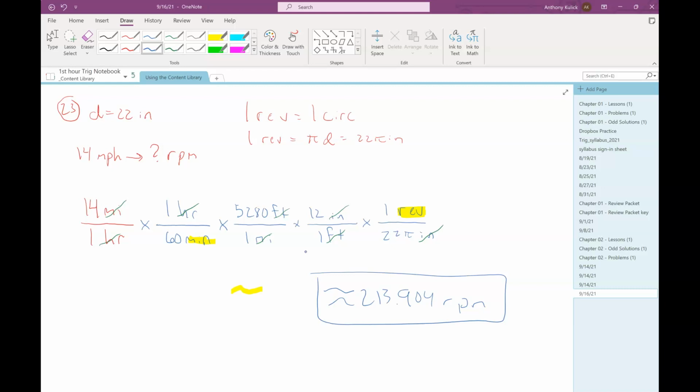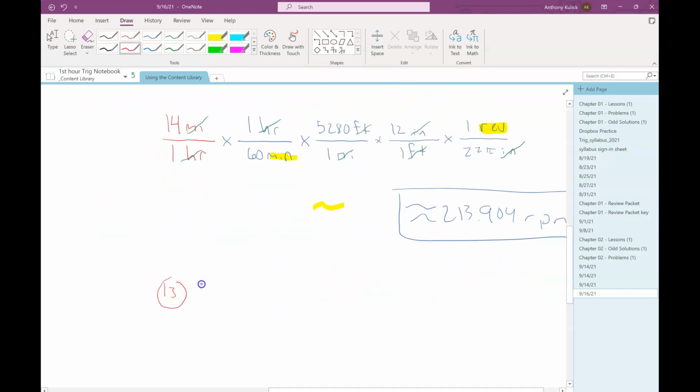Maria. Yes. Can you explain the chart? Yeah. So all you're doing on 13 through 18 is just using the appropriate arc length formula, like the problems above. You just have to make sure you're using the correct formula depending on the theta you're given.